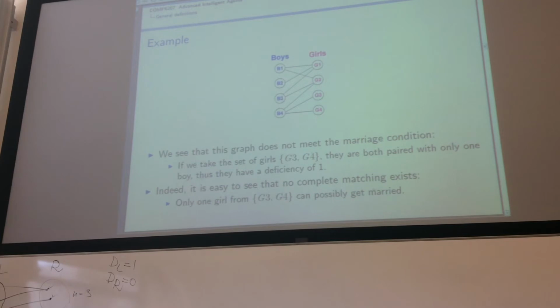Okay, so the size of that subgraph is 2. On the right-hand side, they're connected to a subset of boys of size 1. So 2 minus 1, the deficiency of this set is 1. So the right deficiency is at least 1. Okay, the condition does not hold. And of course, it's easy to see that a perfect matching does not exist because of these two girls, only one of them can be matched to this guy, right? Not both of them.